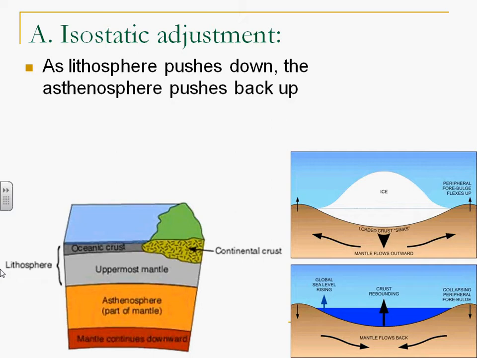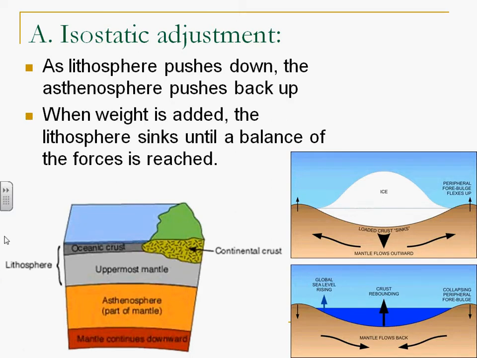Now it's either going to want to rise or move laterally. In this case, you can see in the bottom picture, it's wanting to go up. As we see weight added or subtracted, it's either going to go up or down, and this crust and the mantle underneath will eventually have some change. It's deformed.